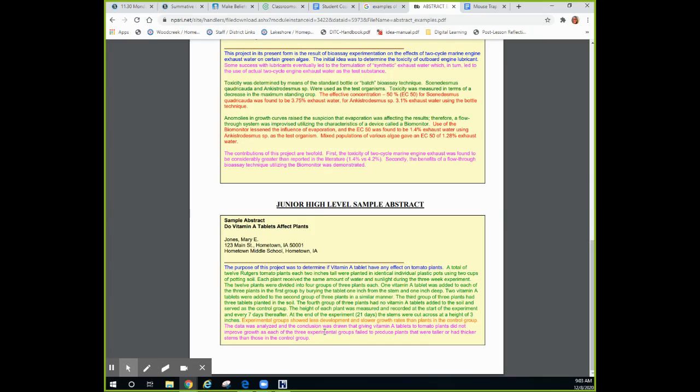So if your claim is wrong, you can say the data was analyzed and the conclusion was drawn that a shorter dowel rod did not increase the distance the car traveled. And this could also be because the car had a great mass as well, because there was too much mass.